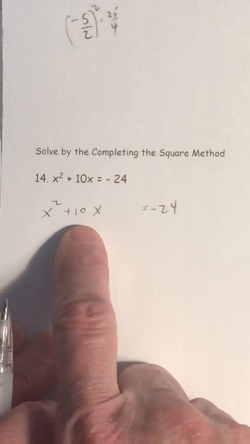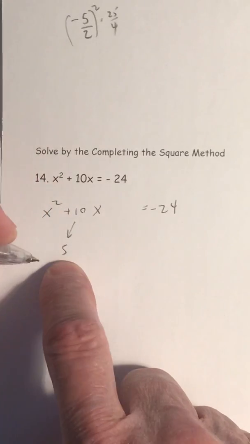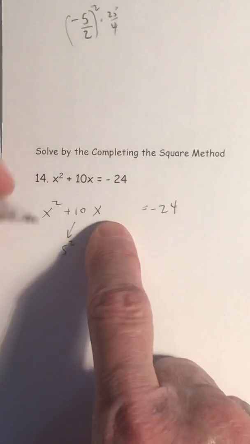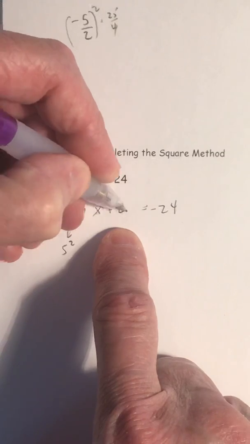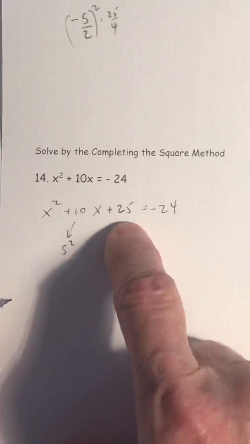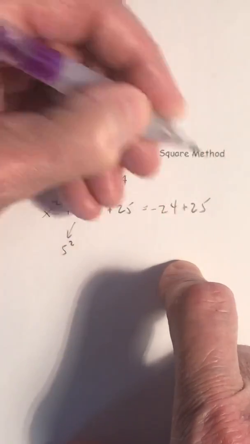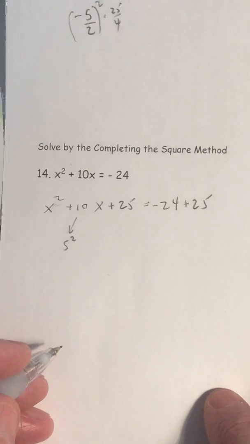It's a 1x squared, so we take half of that, which would be 5, and then square it as 25. I add 25. If I'm adding 25 to this side of the equation, I better add 25 to the other side also.